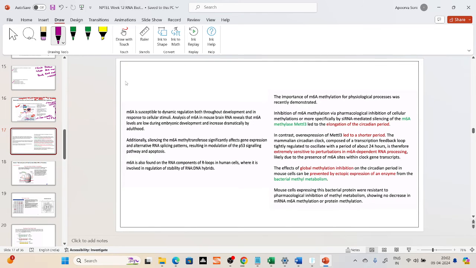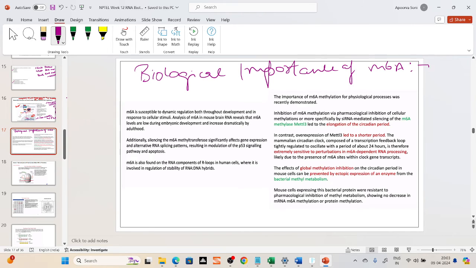This I have kept here just for your reading. There is nothing much to explain over here. You just have to understand that we are studying the biological importance of M6A modification.